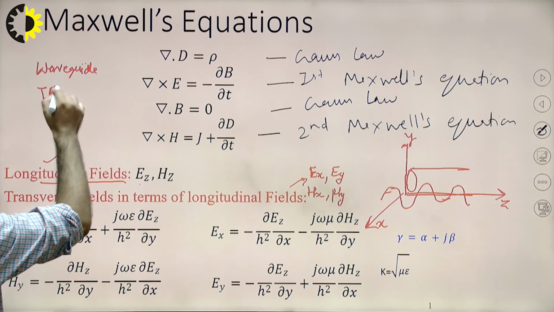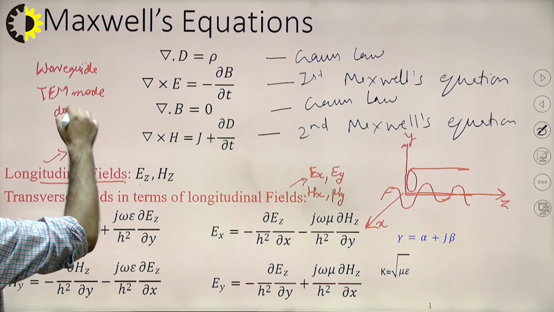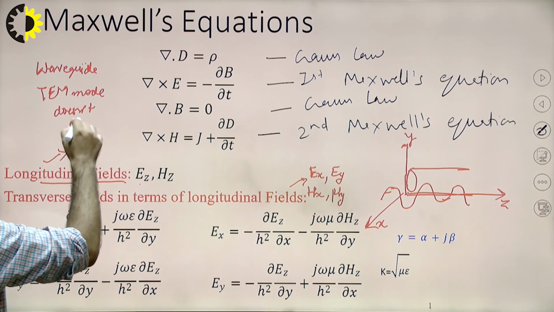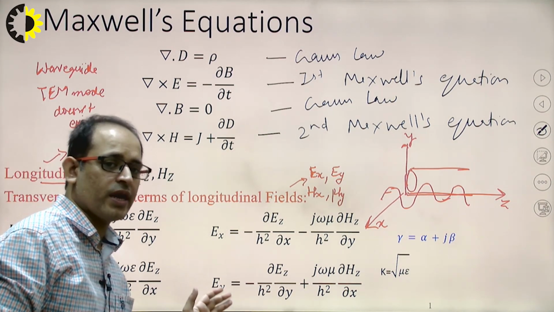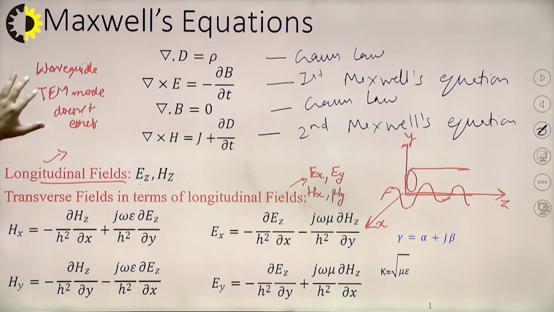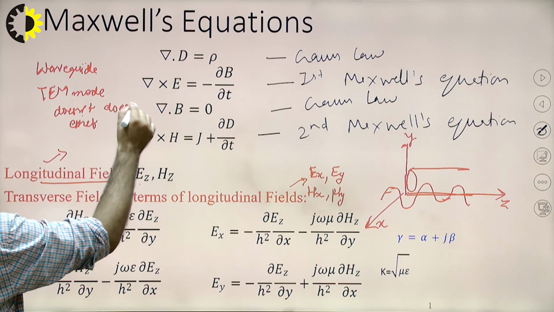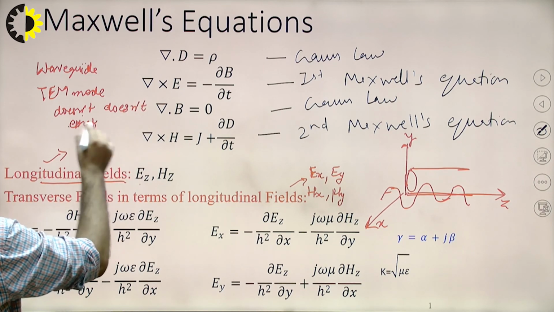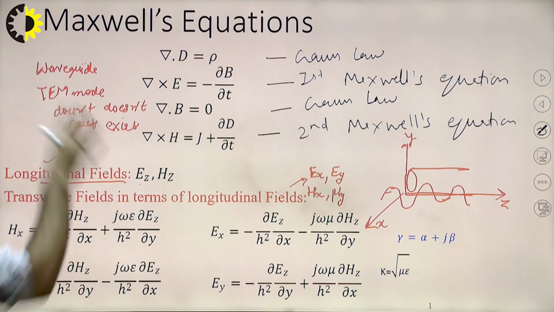In the waveguide, I have already told you, TEM mode does not exist. We will discuss why I am saying that the TEM wave does not exist in a waveguide.